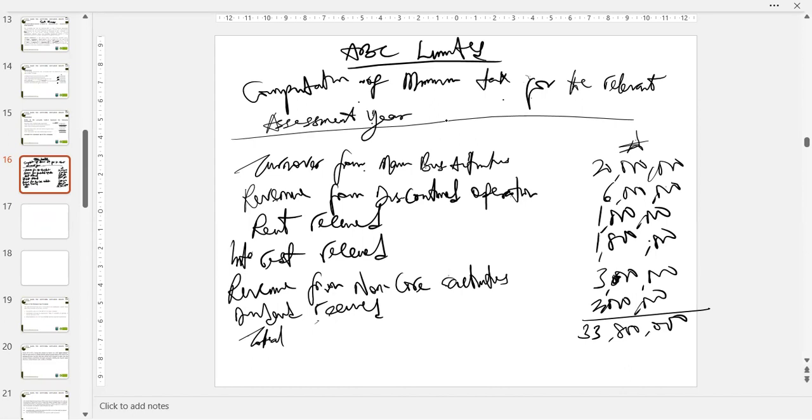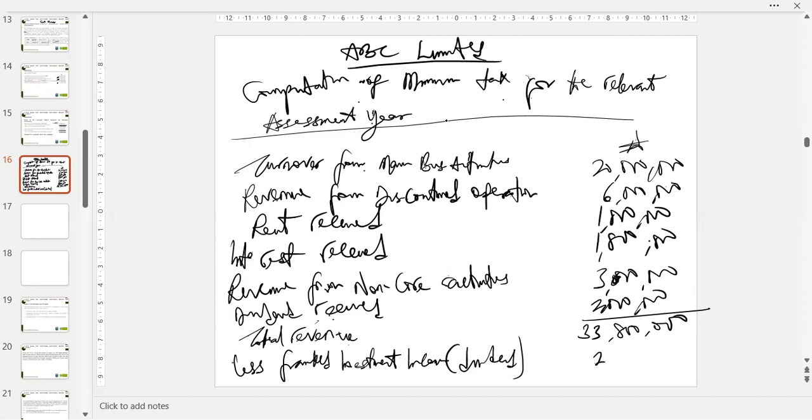Okay. So we have total revenue less franked investment income. And what's our franked investment income here? Dividend received, which is 2 million naira.